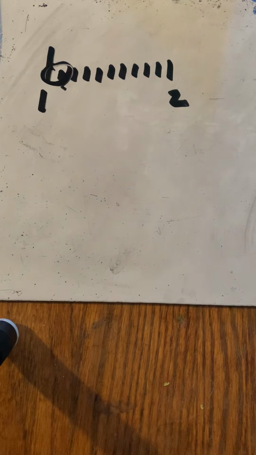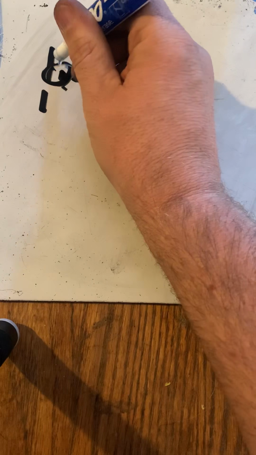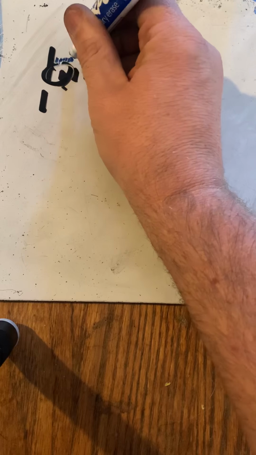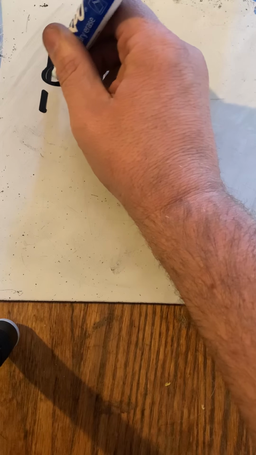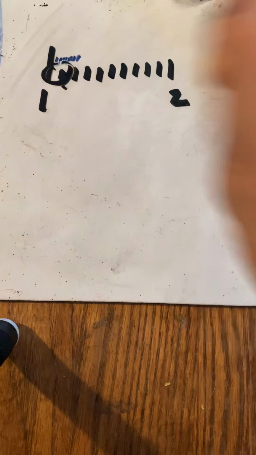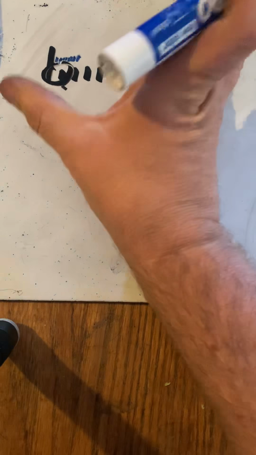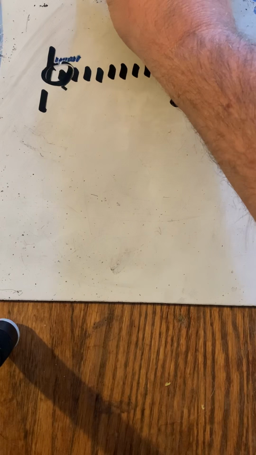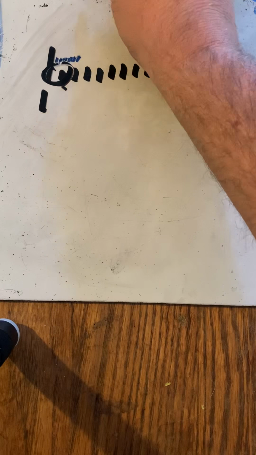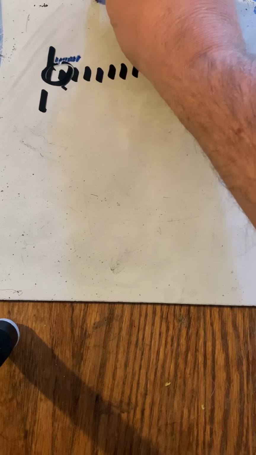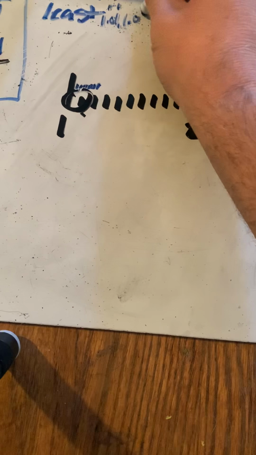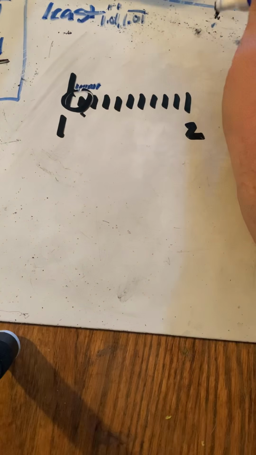Sorry, I guess it's not funny, but anyway, we got 1, 2, 3, 4, 5, 6, 7, 8, 9, 10. Imagine 10 little tick marks in there. Well, 1/10 of that little space, which is 1/100th of this entire space, is much smaller. So we can say we got 1.01 there, just a little bit to the right, 1.01.